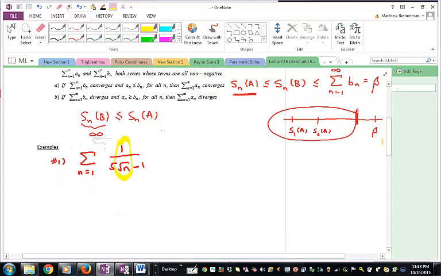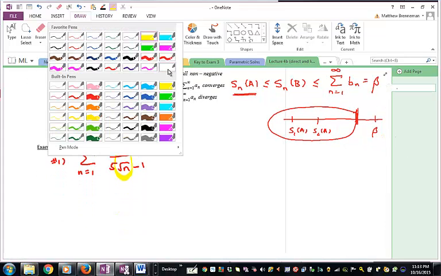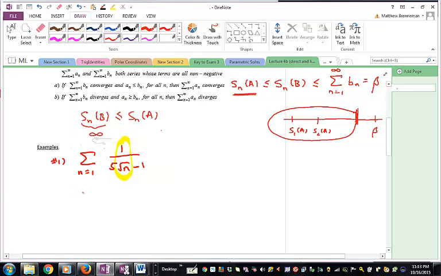So here's what we're going to do. We want to compare it to the series 1 over the square root of n. And I'm going to actually make this 1 over 5 square root of n. And we know that this diverges because this is a p-series where p is less than 1.